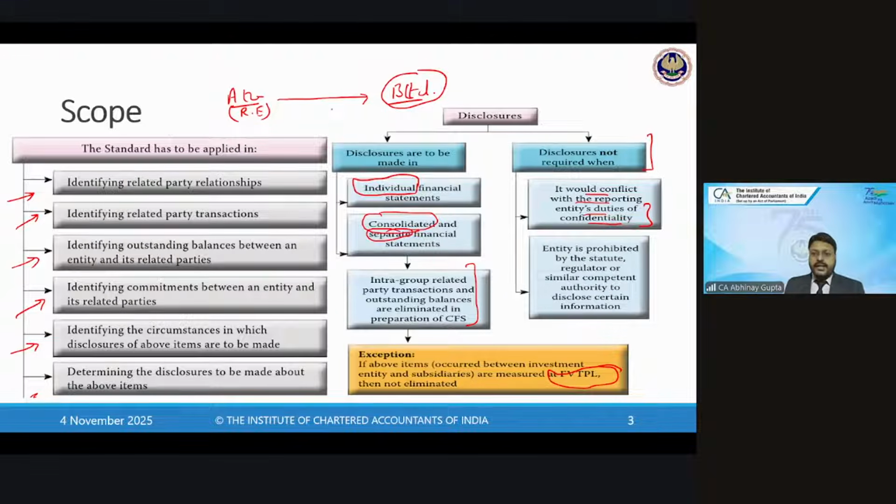But in practical life, I have not seen any instances until now where this clause is triggered and a company skips the disclosure, citing the confidentiality clause. It can happen in certain cases. For example, in India, banks are not yet covered under the Ind AS regime.